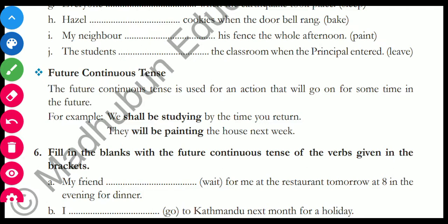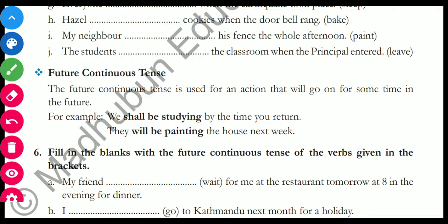Okay, so what is the rule of future continuous tense? Yes, it is subject plus will be or shall be plus verb in its ing form. Okay, I repeat, subject plus will be or shall be plus verb in its ing form.